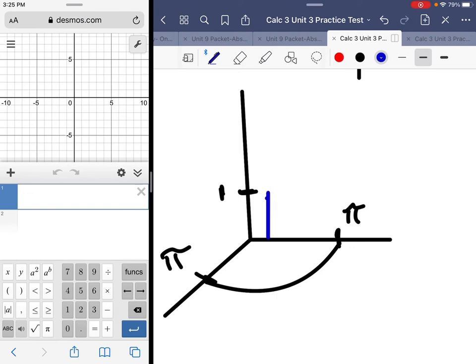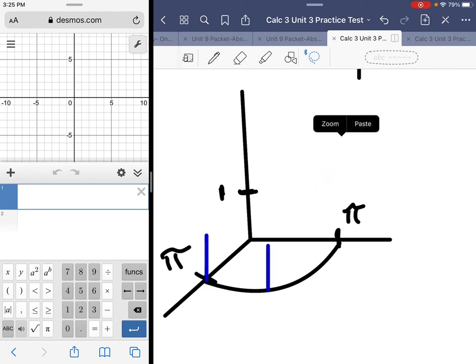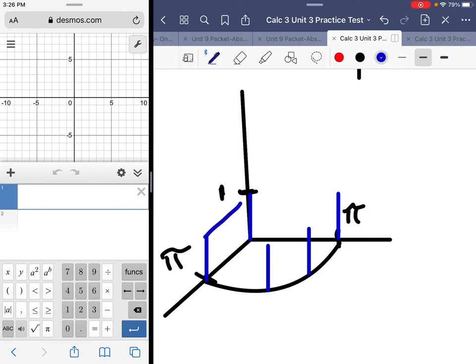Let's see. Close enough. Oh, undo. Just kind of put a few of them here. Kind of make it look nice. Best I can anyway.